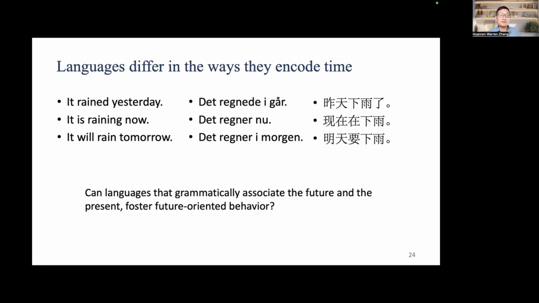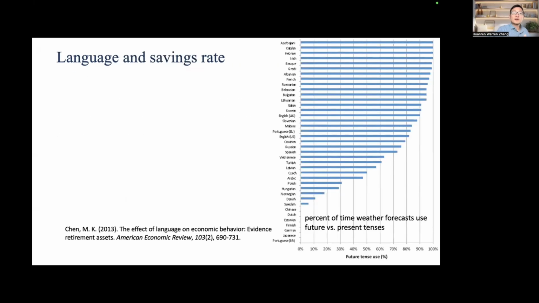So if in a language the future self and the present self are not clearly distinguished, maybe people would care more about the future self, because the psychological distance between the current self and the future self is not that high. And then the behavioral economist Keith Chen investigated this question.